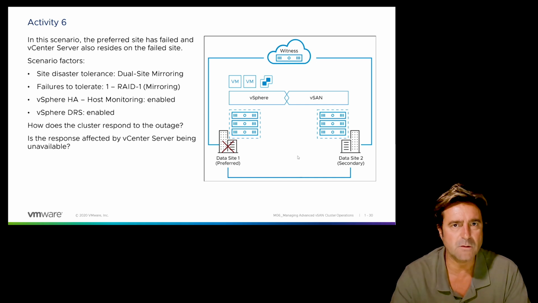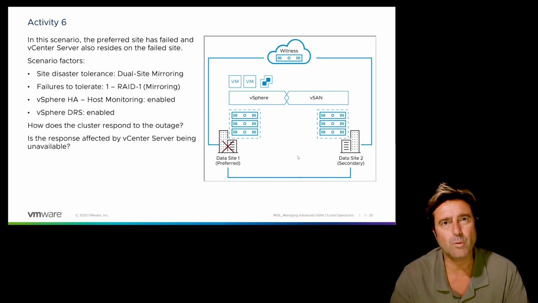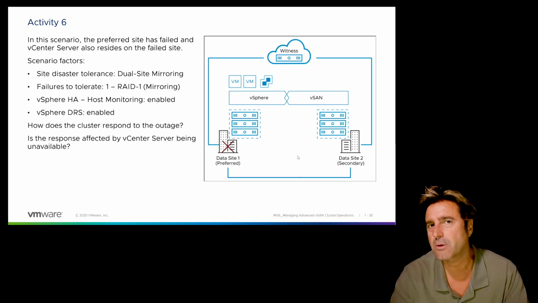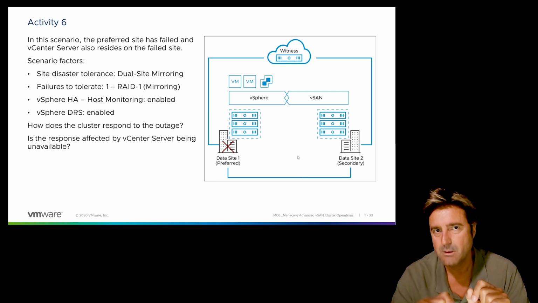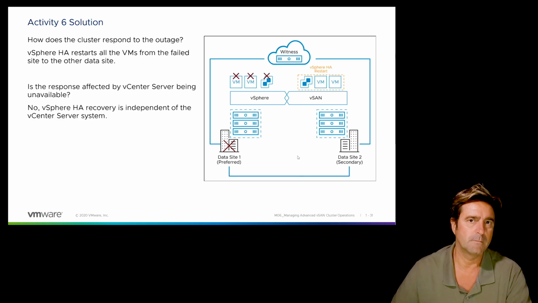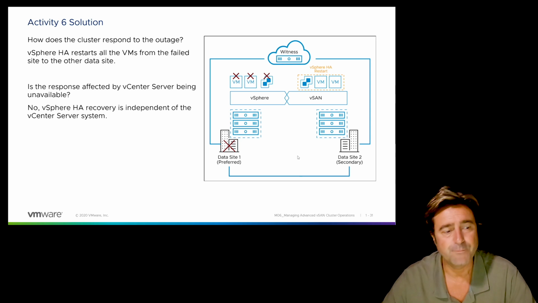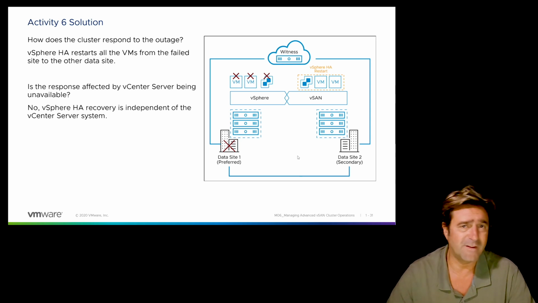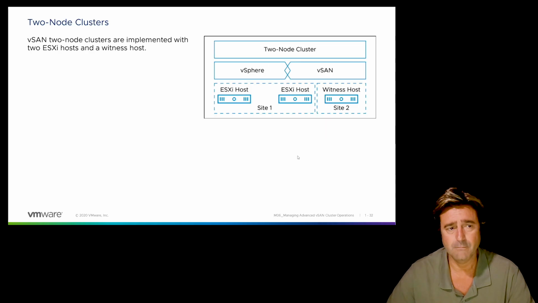And those ESX servers still know what to do. They're still running FDM, Fault Domain Manager. They know their job. Their job is, hey, let's go restart all the VMs, and that includes the vCenter server. And here is your answer. Notice, vSphere HA recovery is independent of the vCenter server.